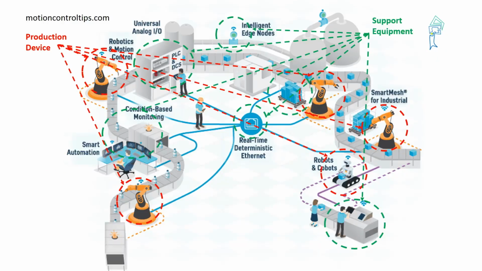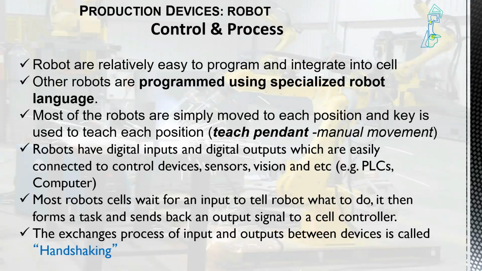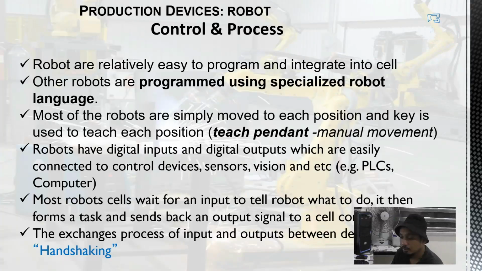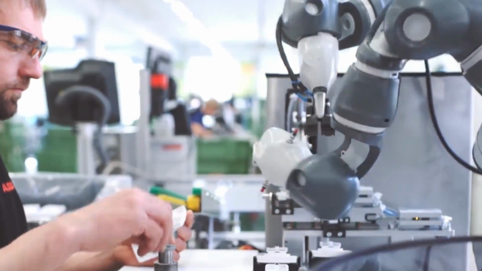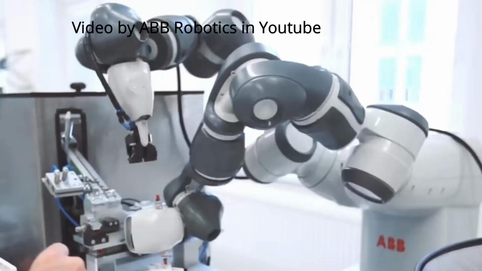Okay, so in robotics there is a so-called handshaking or collaborative control setting, where we can set the robots to collaborate with each other, or to collaborate with the operators, the humans, in the production line.